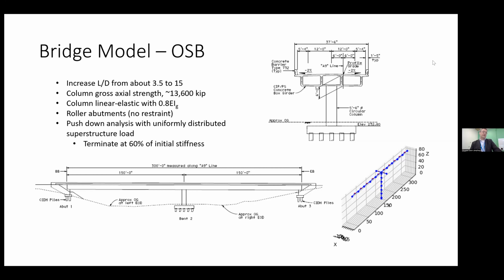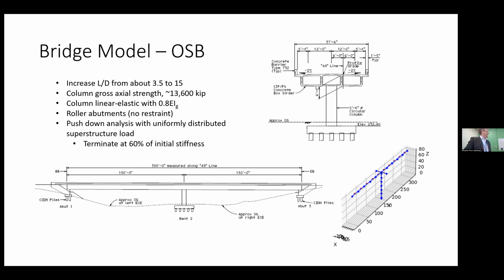We increased the L/D ratio for the column in this single bent single column from about 3.5, which was the as-built. It was like an 18-foot column, 5.5 foot diameter. We just extended it to L/D of 15. We made it slender numerically.